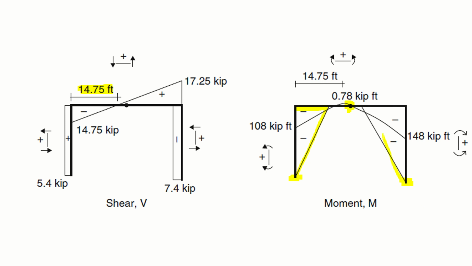For the beam, this 2 degree curve, this is the maximum positive bending moment, which is 0.78. Then it comes to 0 at the center, and then it goes to its value of 148. So the beam bending moment is balancing the column bending moment, negative negative. So these are the shear force and bending moment diagrams for this frame with the internal hinge mechanism.